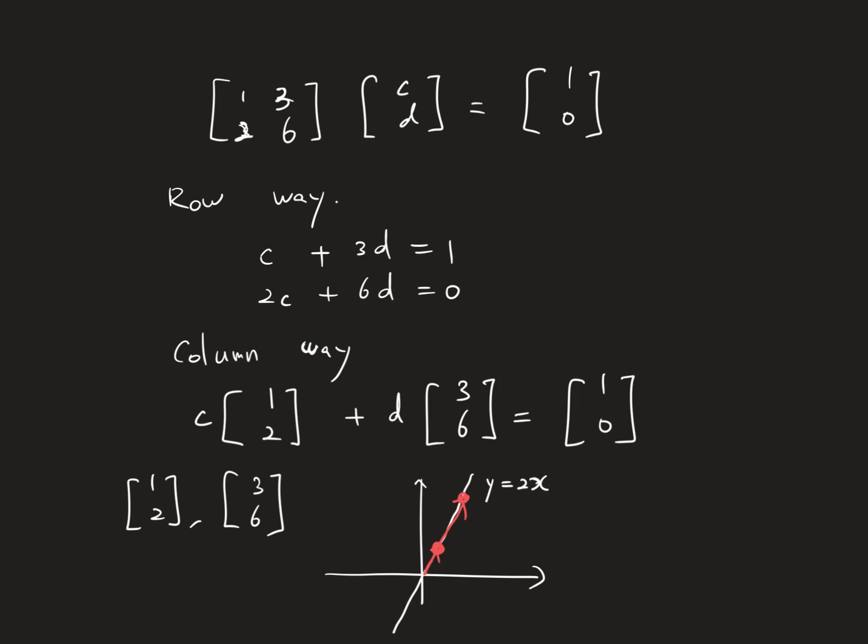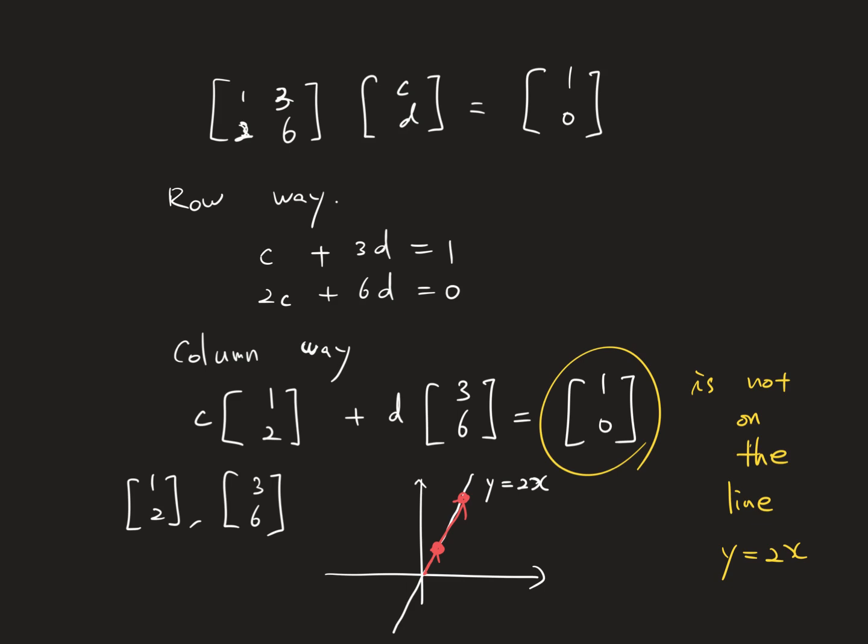But we can see that 1, 0 is not on the line. The line equation is y is equal to 2x. So that's why.